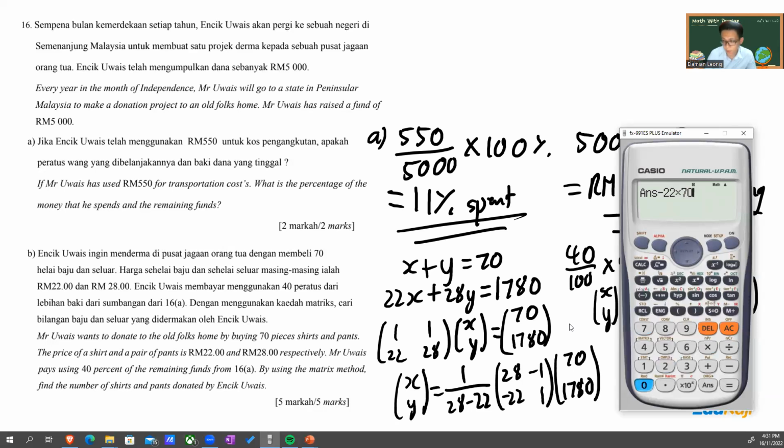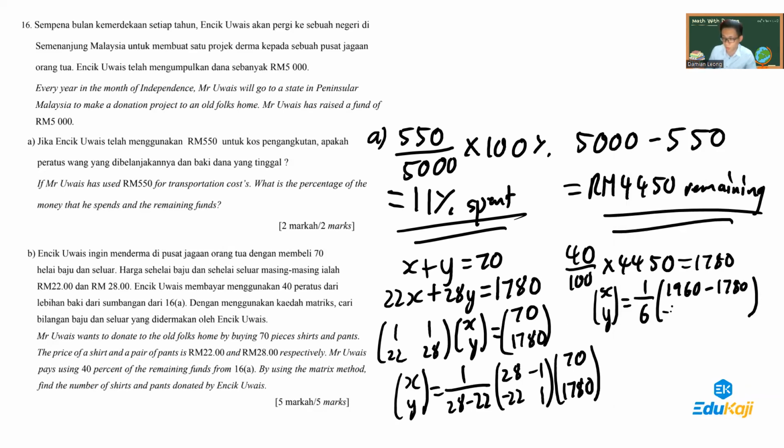Negative 22 times 70, negative 1540, yeah, plus 1780.